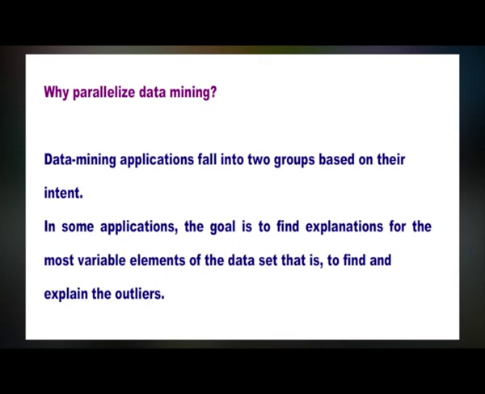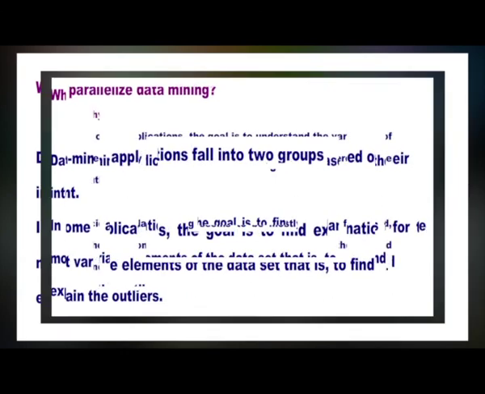The next question you may ask naturally is, why parallelize data mining? Data mining applications fall into two groups based on their intent. In some applications, the goal is to find explanations for the most variable elements of the data set, that is, to find and explain the outliers.